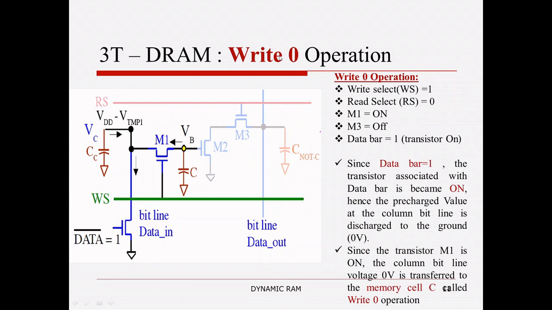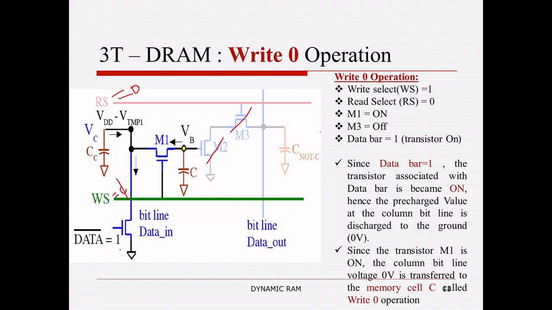Then coming to the write 0 operation, the same principle. Since it is a write operation, I select write select equal to 1 and row select equal to 0. Since row select equals 0, M3 becomes off. The initial voltage in the capacitor will be 0, so transistor M2 becomes off.